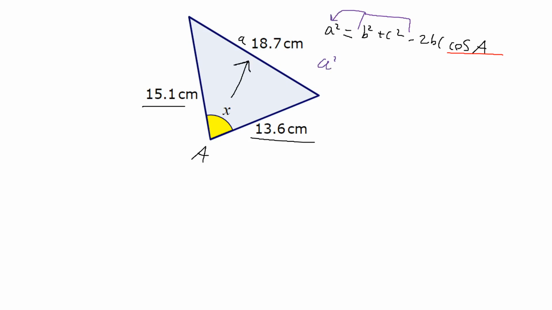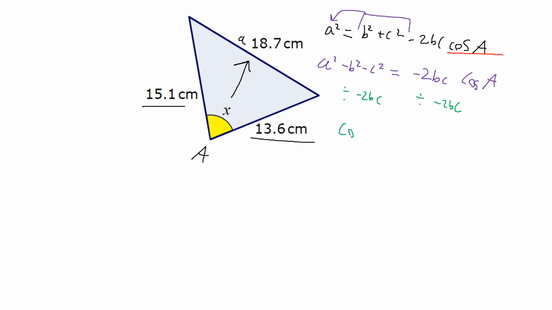So then A squared minus B squared minus C squared is equal to minus 2bc cos A. And then finally, to make cos A the subject, we have to divide by minus 2bc. When we do that, we flip the signs of all of these.